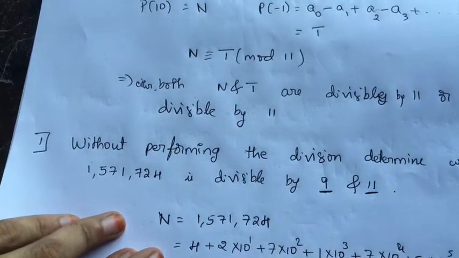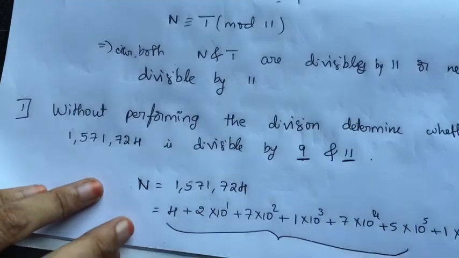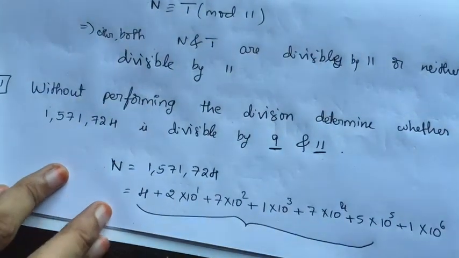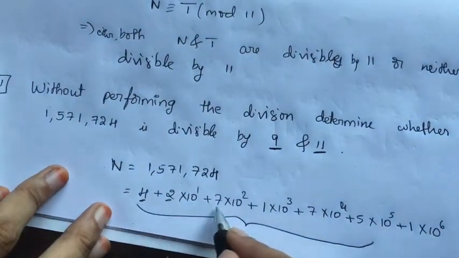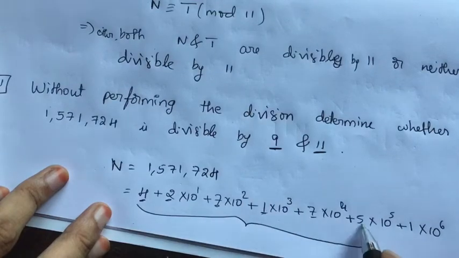This is the decimal expansion of this number. These are the coefficients, the ai's, right?